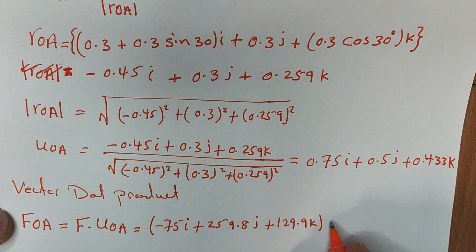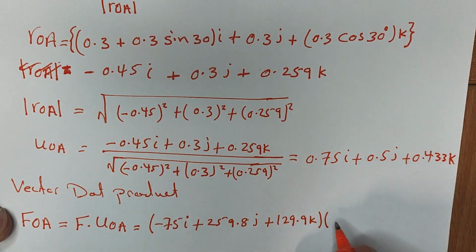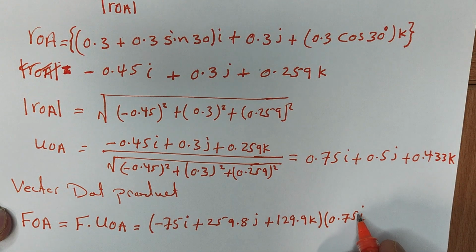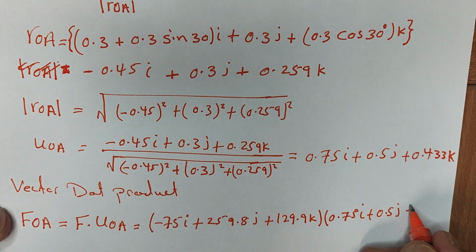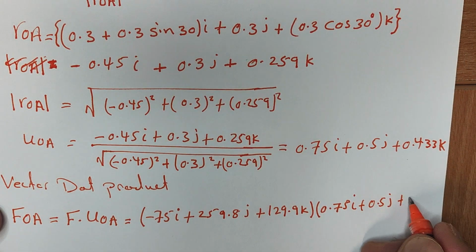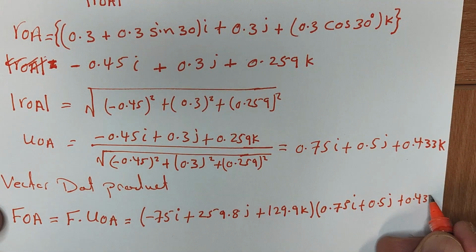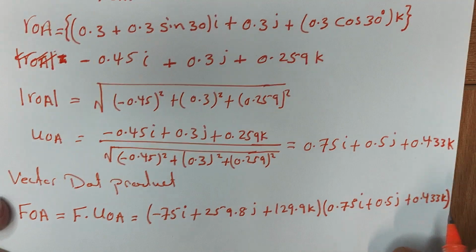The unit vector we just found to be negative 0.75 i plus 0.5 j plus 0.433 k.